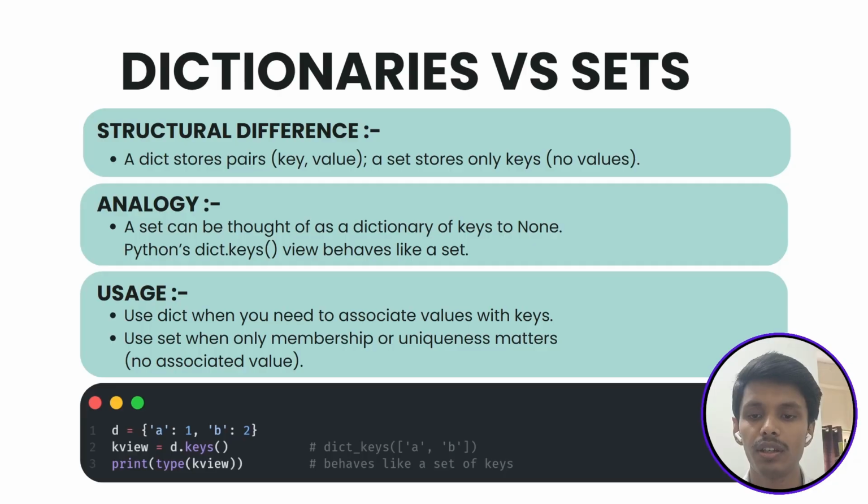A dictionary should be used when you need to map keys to values, and a set should be used when you only care about unique elements. Print b dot keys returns the keys of a dictionary in a set. So if we check the type of the key view, it returns a set, as the dict keys behave like a set.